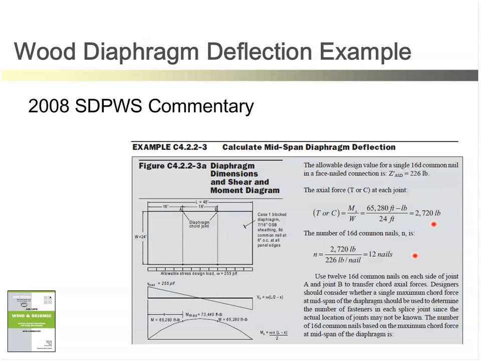And using a capacity from the NDS, the National Design Specification, for a 16 penny common nail, we see that we need 12 nails. Now, again, if we had used a maximum moment here in the middle, I think we'll see that calculation a little bit later on, then we'll come up with a requirement for more nails than that.